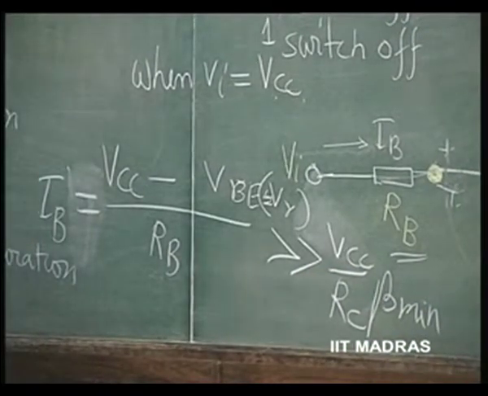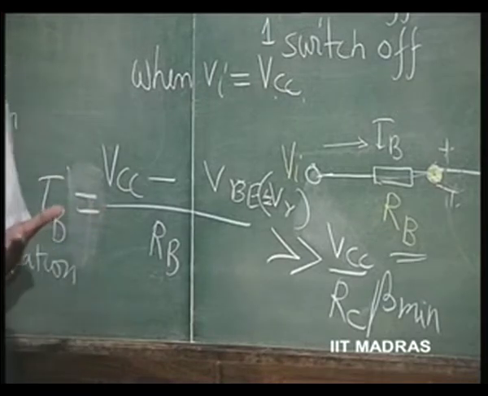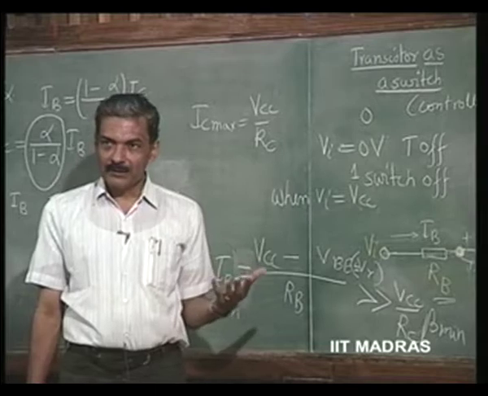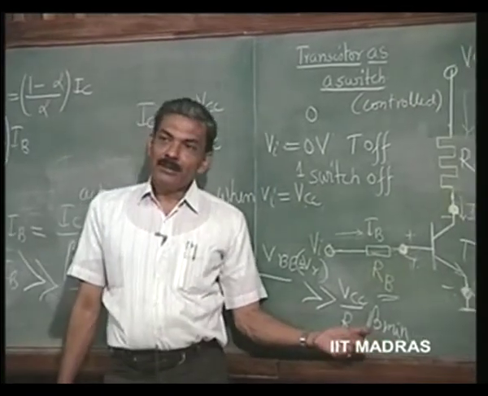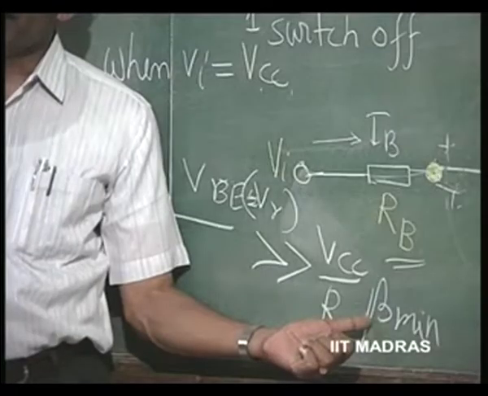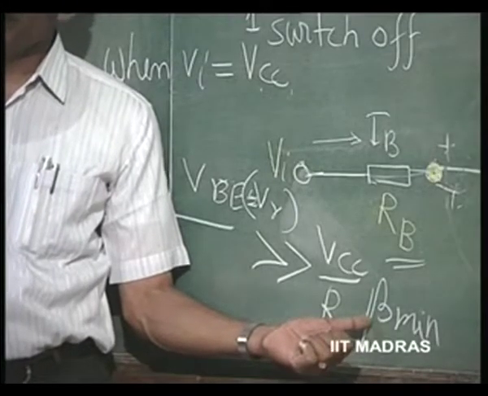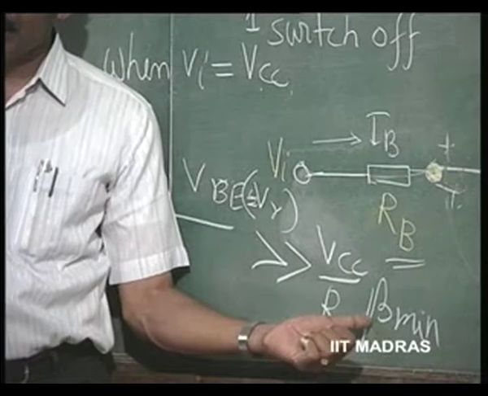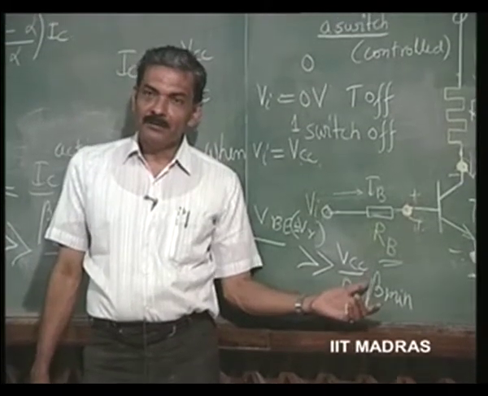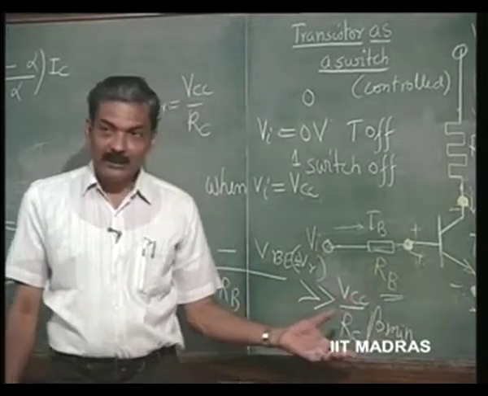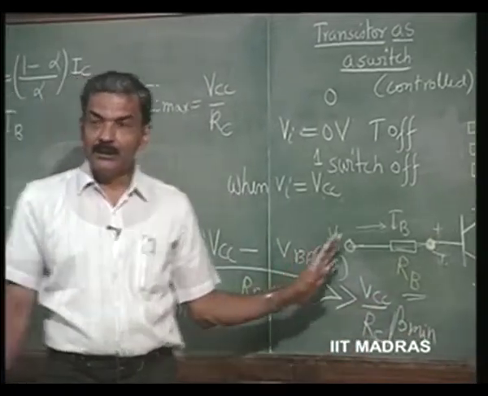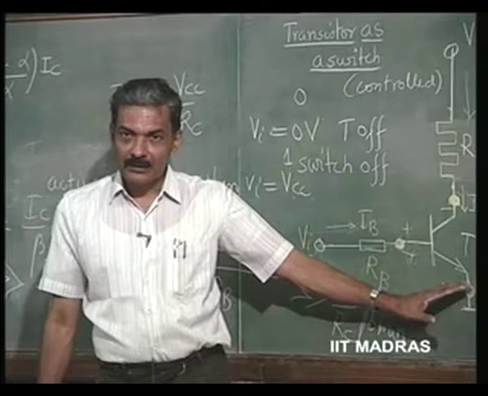Beta is not a factor which is going to remain constant. It might change with respect to temperature, operating point and all. So, you have to take the worst case value for beta. This is given by the manufacturers. There is a minimum value that you can take for the beta. So, under the worst case also this should go to saturation, right.